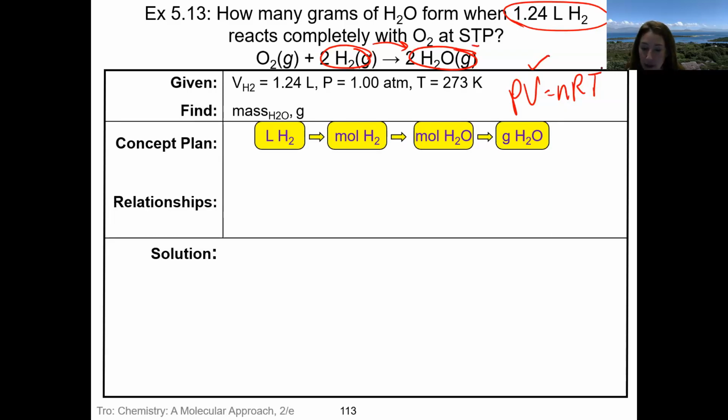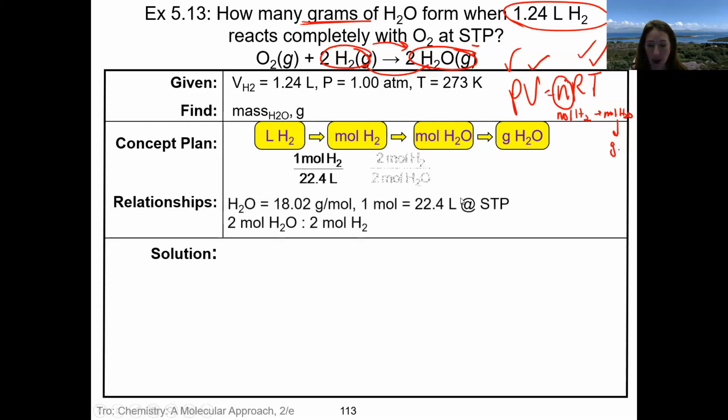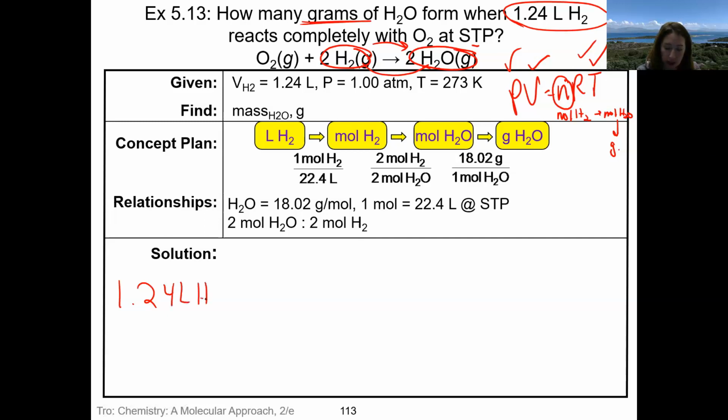We have temperature, we have pressure, and we have R. So we could get to moles of hydrogen, and then we could do our mole ratio. And then we would have to go to grams. Not so bad, right? So we could use PV equals nRT. Absolutely, PV equals nRT would totally work. But I want to do it faster. So again, faster, 1.24 liters of hydrogen.